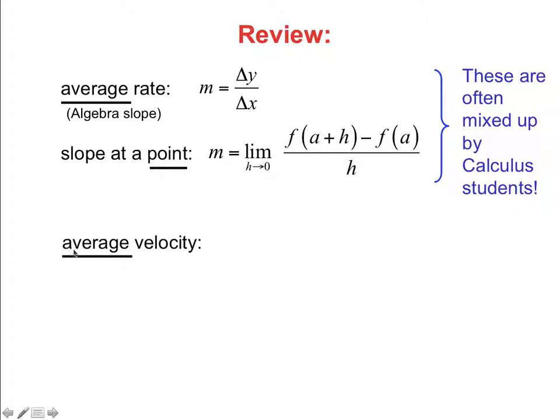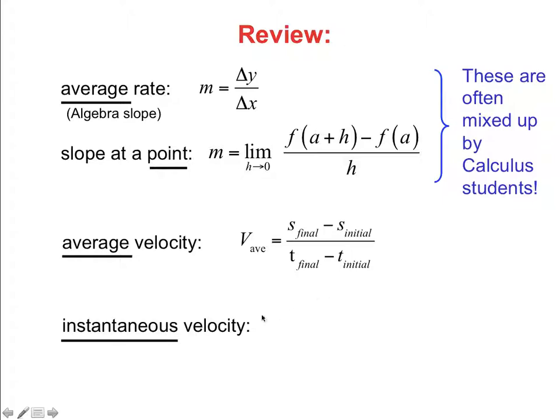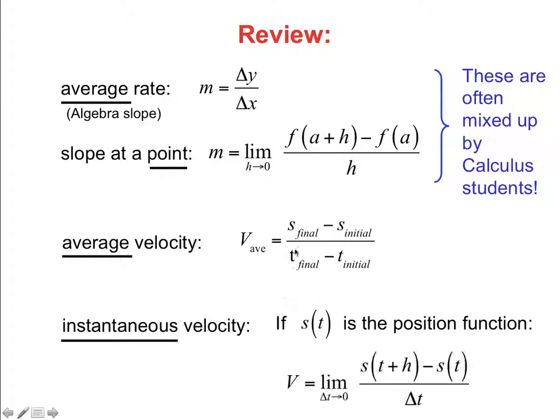Average velocity, since it is an average, is going to be your algebra expression. Average velocity is final position minus initial position over final time minus initial time. That's your rise over run of your position graph. And instantaneous velocity is taking the limit of this expression, so it's going through the limit method.